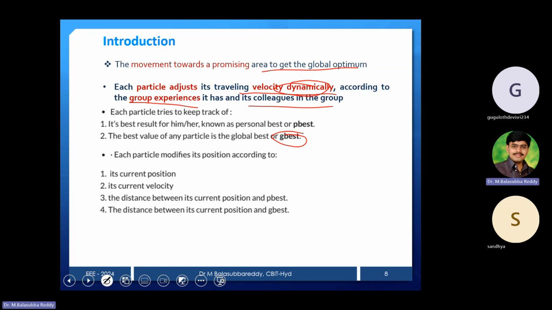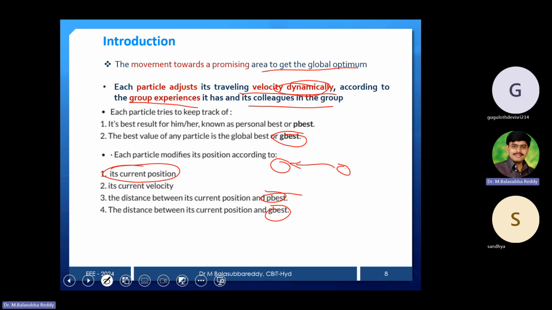Each particle modifies its position according to its current position. Where you are, suppose you are here, based on the current position with some velocity, it will move. Then the new position arrives, based on its current velocity, the distance between its current position and P best, and the distance between its current position and G best.